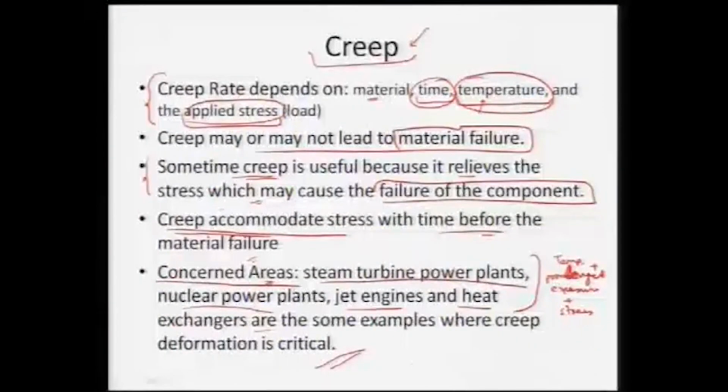So, under those three conditions, we can see that it can always induce some deformation in the material, because it is very favorable for very high temperature, around greater than 0.4 times the melting temperature. So, there is some stress or loading, also there is enough time for the material to respond to that. So, in that case creep can become very critical.